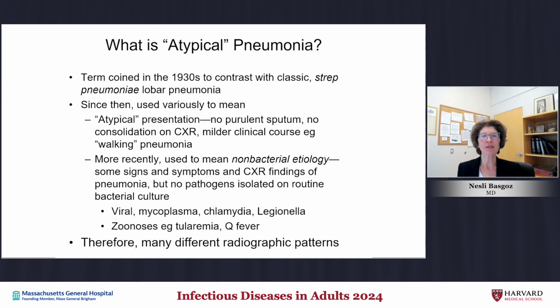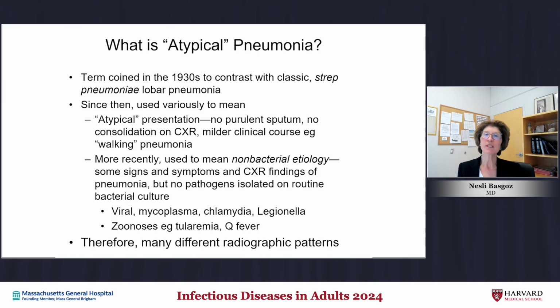I'm going to start by saying what is atypical pneumonia, and this is a bad term. It was coined in the 1930s to contrast with classic strep pneumoniae lobar pneumonia. Since then, it's been used variously to mean an atypical presentation, so without purulent sputum, or consolidation, or with a milder clinical course.